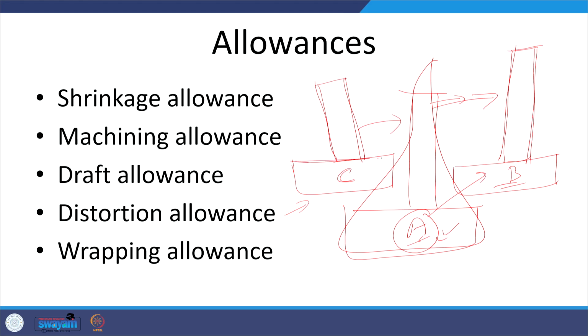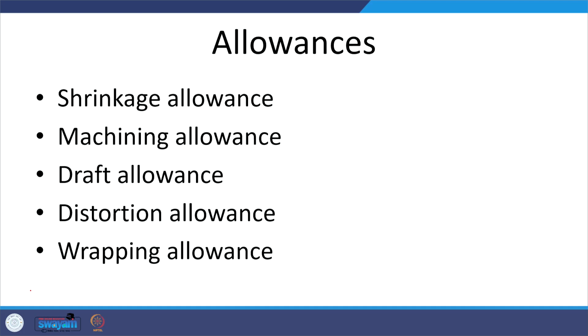So, we make the pattern using the distortion tendency, where the pattern is made to orient in the direction opposite to that in which the distortion was taking place, so that after solidification, after cooling down to room temperature, we get the product like A. Okay. So, distortion allowance is just like making the product of a shape which is not desired, but it considers the distortion tendency to get the desired product.